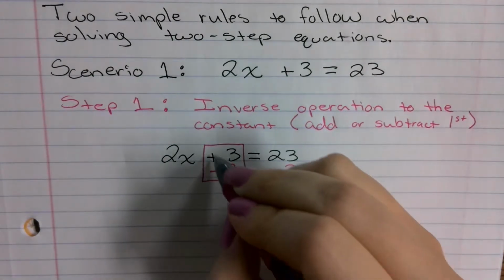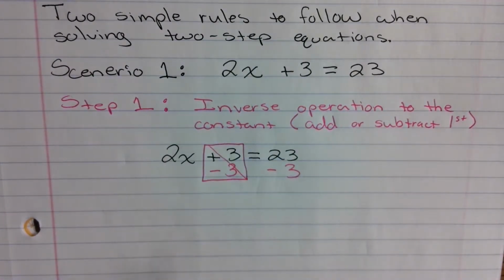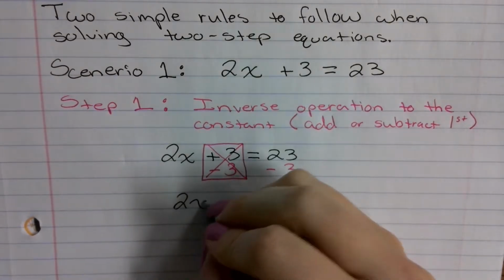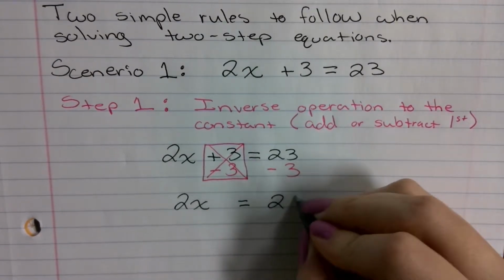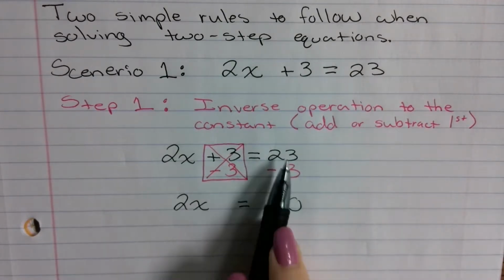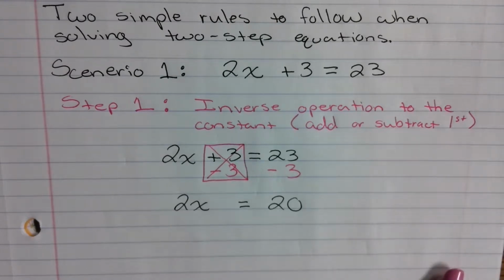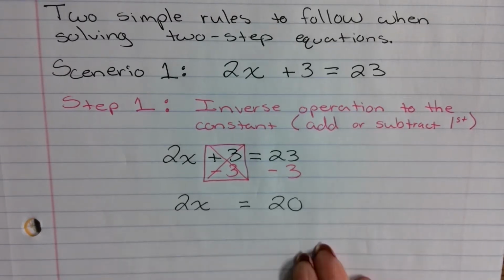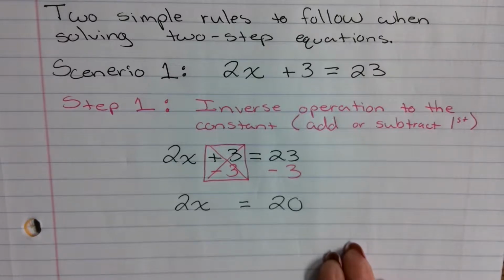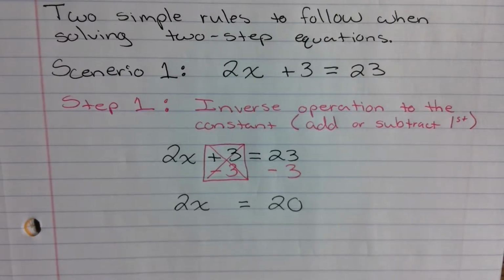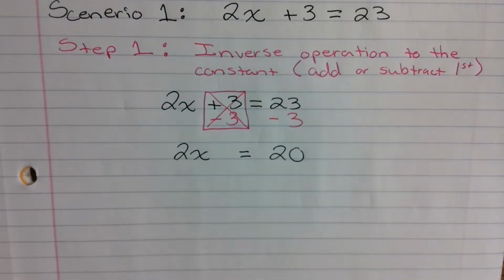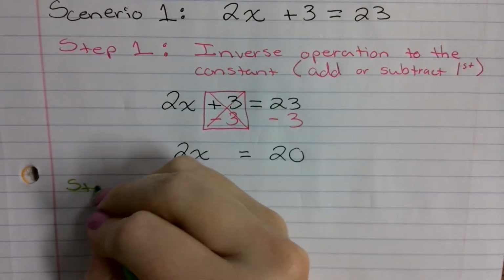Now, when I subtract, that plus 3 is now going to be canceled by that subtraction of 3. So I'm then left with 2x is now equal to 20, because 23 minus 3 is 20. And look what happens. Now we have a one-step equation. And you know how to solve these one-step equations.